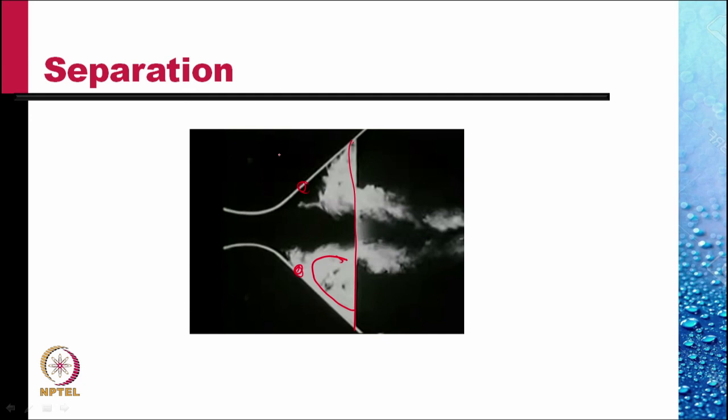This is why the divergent portion of nozzles, known as diffusers, should be designed with very small divergence angle, so that the adverse pressure gradient is not too much, not that it causes separation.